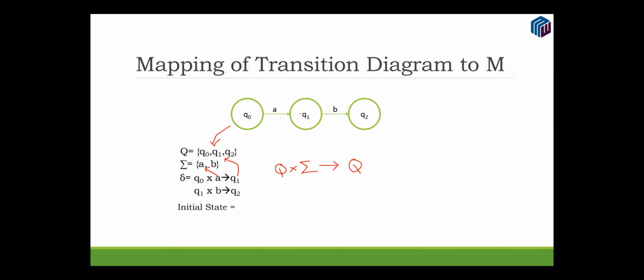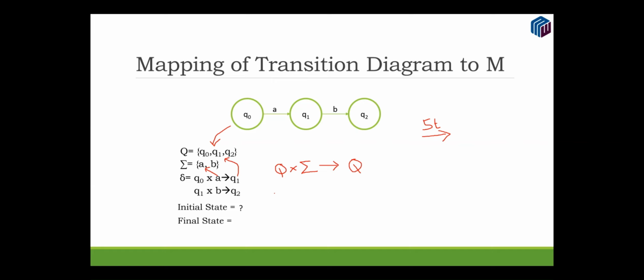In this diagram there is no starting state. Why? Because the starting state is indicated by an arrow mark with start. Here we do not have the arrow mark with start, so we keep that as a question mark.